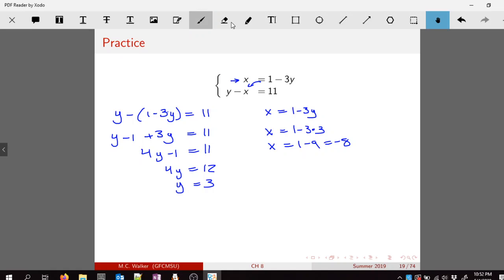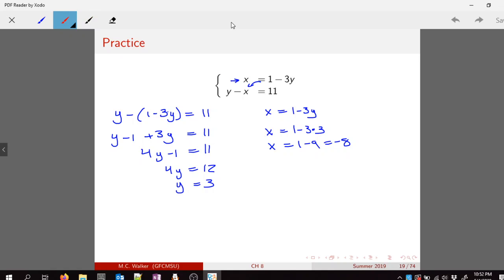So let's check. Negative 8 is equal to 1 minus 9. Yup, this checks out. I mean, we just did it, but still, if we made a silly error and said plus 8 instead of negative 8, we'd be able to catch that. And now let's check this one.